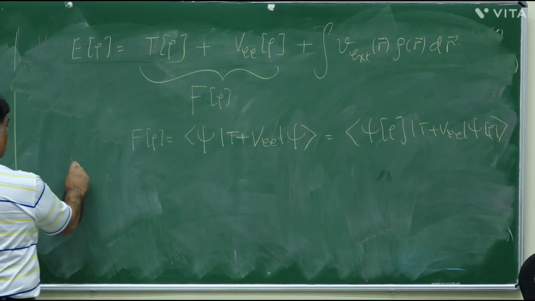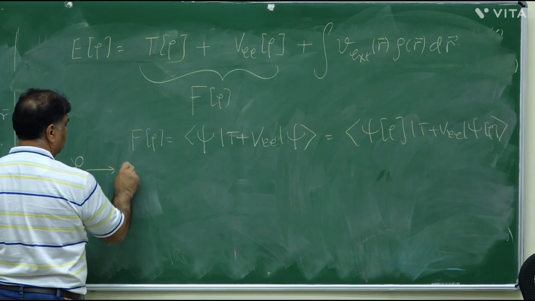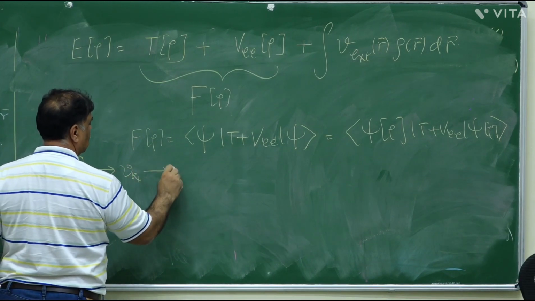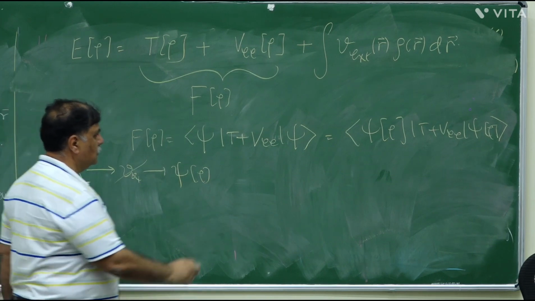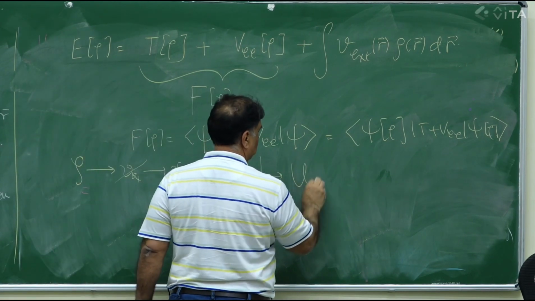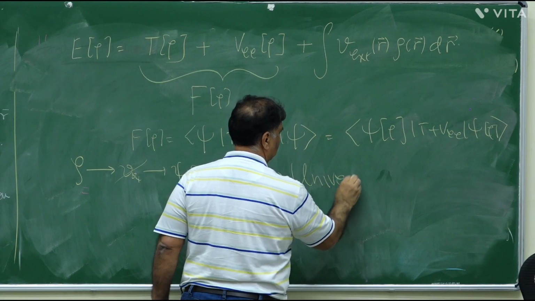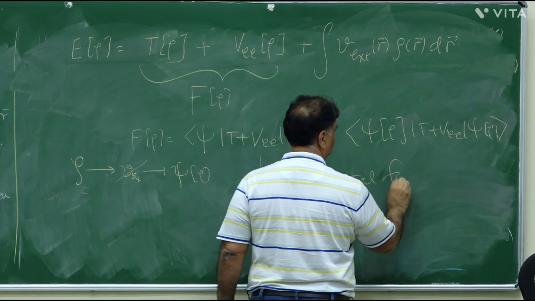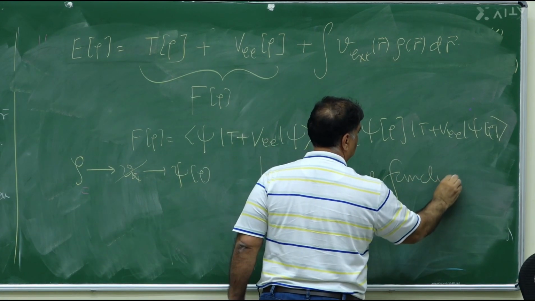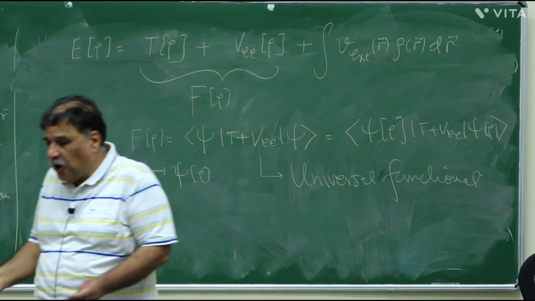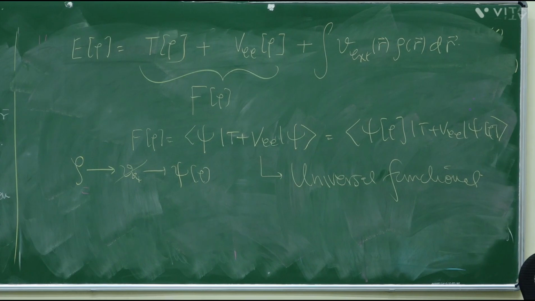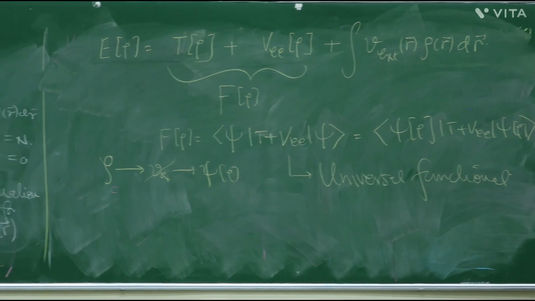I had rho, from rho I got some V external, from this I got psi, which is a function of rho, I can get rid of this, so this is a universal functional. It does not depend on which system I am talking about. It's universal. I found it exactly for one system, it's done.